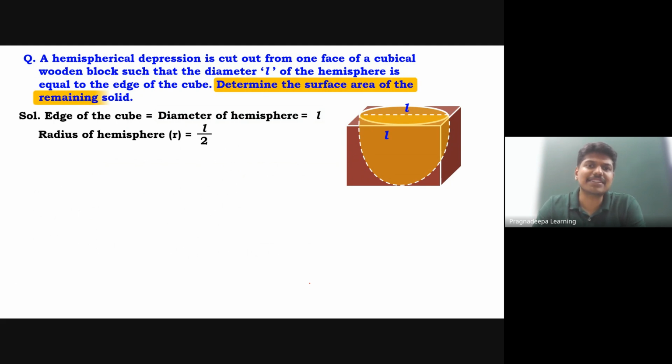Now we have to find the surface area of the remaining solid. That is, after the portion of the hemisphere is cut from this cube, we got a shape, and that shape's surface area we have to calculate.